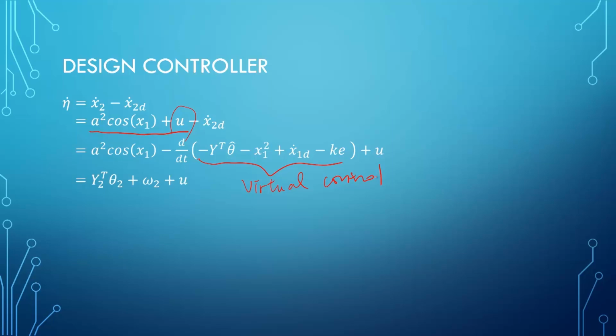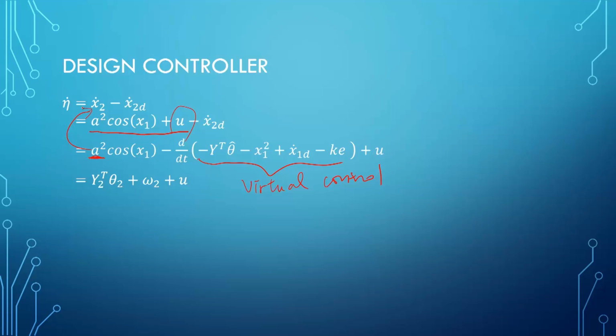Now it becomes a little bit complicated, because there is another a squared in the second system. It's from x2 dot, from the second system.